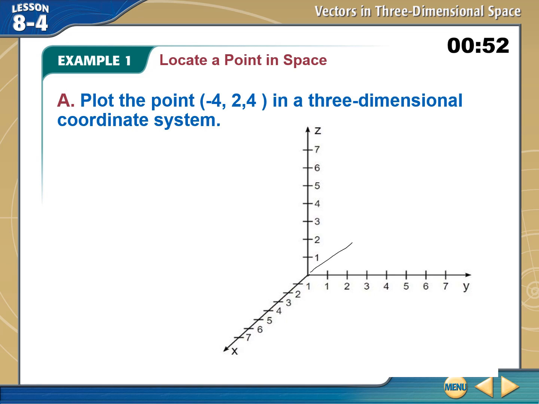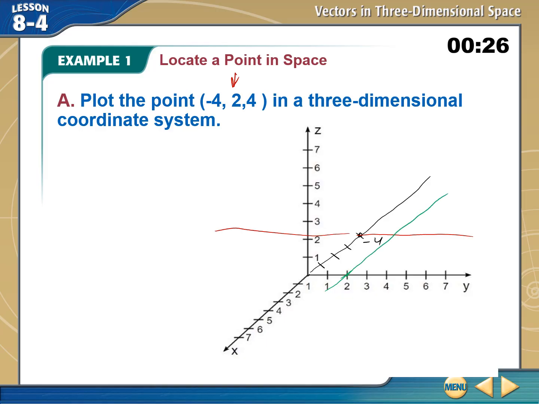The first thing is we will extend the x value. X axis 1, 2, 3, 4. So here is -4. On the -4, make a line that is parallel to the y-axis. Okay. Now on the y-axis, find the point 2 and make from here the line that is parallel to the x-axis.